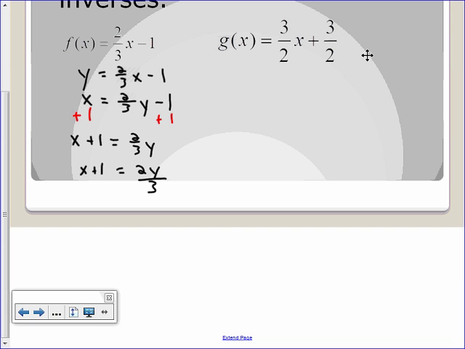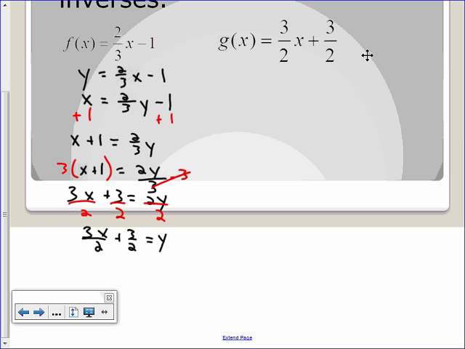We said a couple problems earlier, we multiply by the denominator. And gone there. On this side, we need to multiply every term by 3, so we're going to put it in parentheses. Let's distribute the 3. Now we're going to divide by 2. We have 3x divided by 2 plus 3/2 equals y.